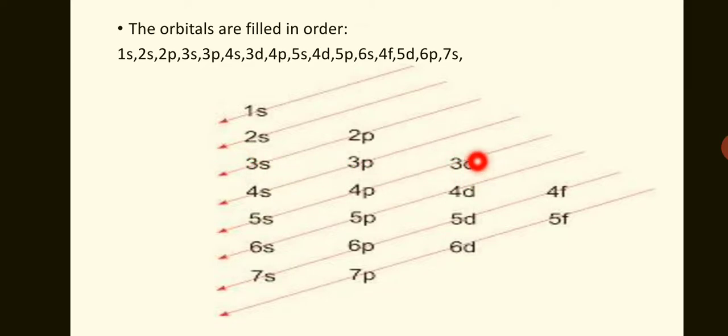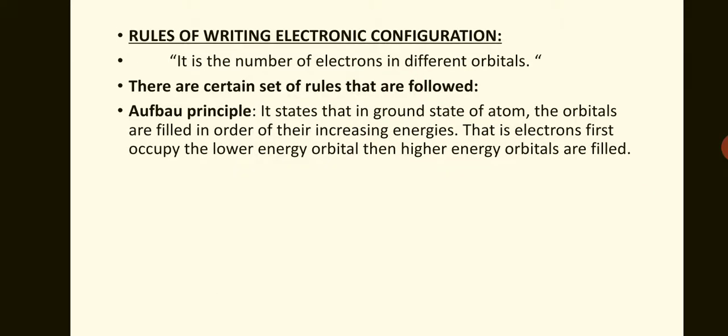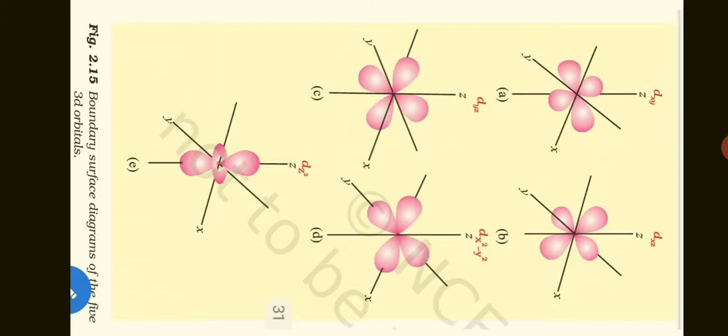So 3d orbital is divided into 5. The 3d orbital has 5 different orientations, which are given here in space.